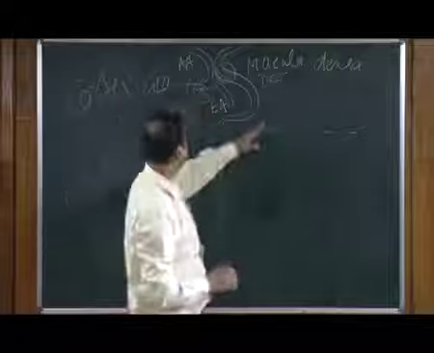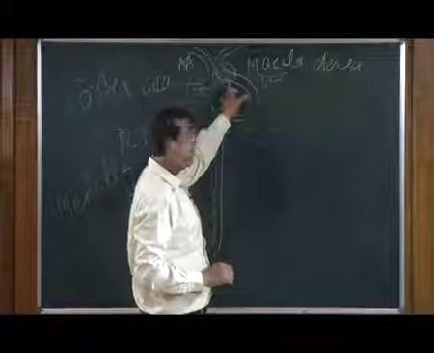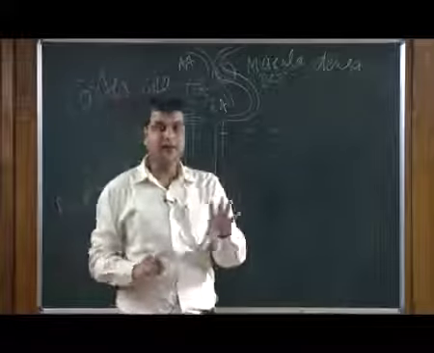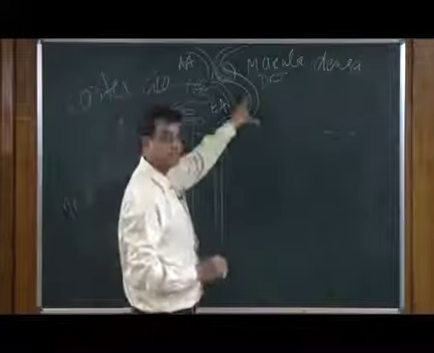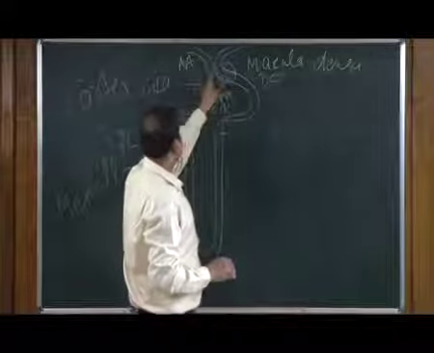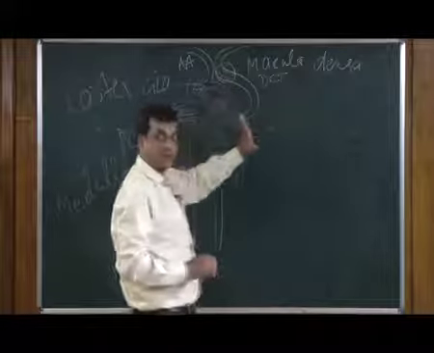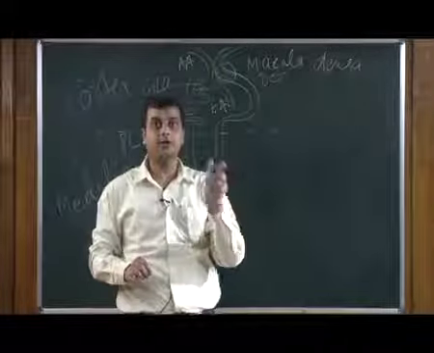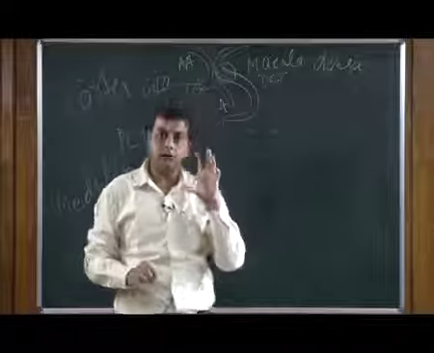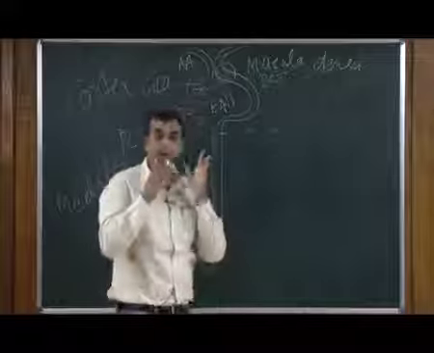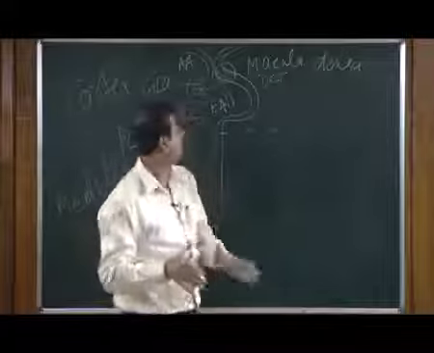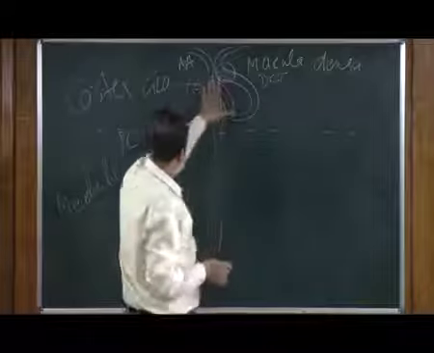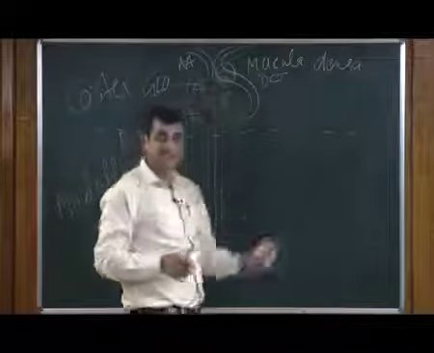So macula densa is just an area in the distal convoluted tubule. Remember, these are modifications of the cells in the distal convoluted tubule passing very close to the afferent and efferent arteriole, and these modifications are there to modulate or control the blood pressure coming from this area. Now here we have very specialized cells.